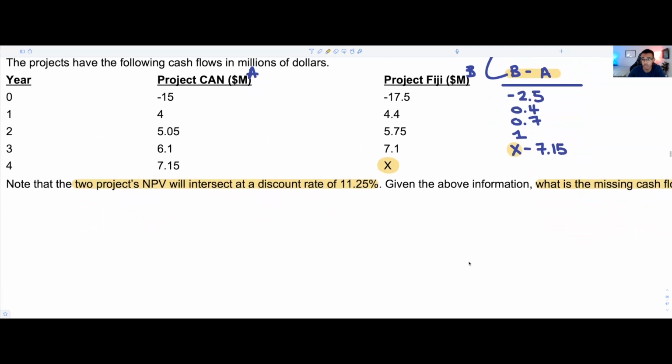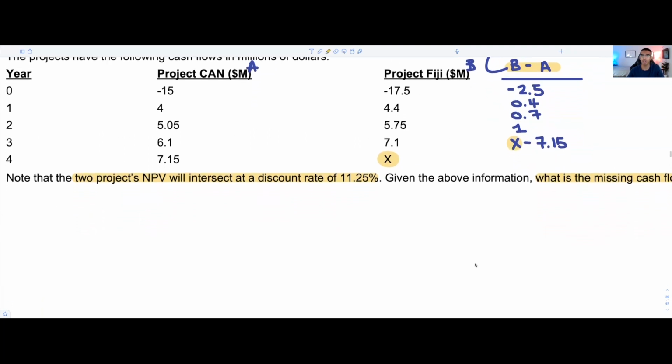So with that information, it becomes really easy because we know that the difference between project B and project A, if we set that out, we'll get the crossover point. Okay, so check this out. We know that the NPV of B minus the NPV of A will give us 0.